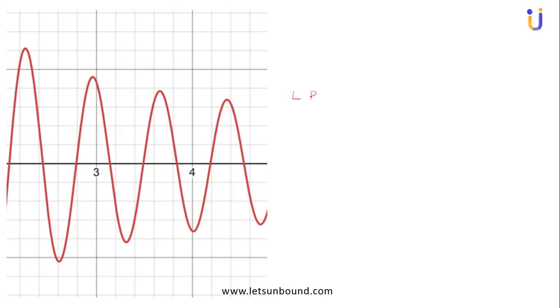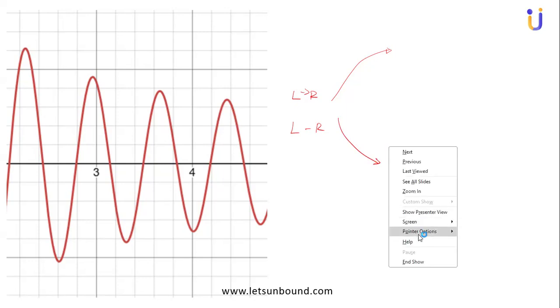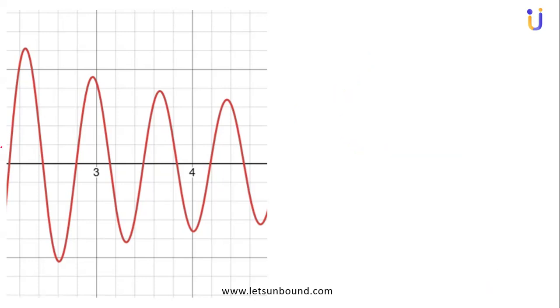Increasing means left to right, it should be going up. And left to right, if your function is going down, it's decreasing. That's simple. So here we can easily see that from minus infinity to this point, it's increasing. And then it drops down, decreasing, increasing, decreasing. So that's simple.